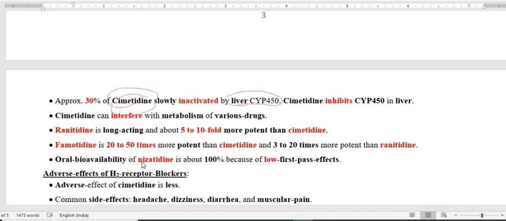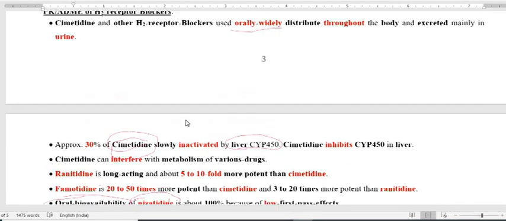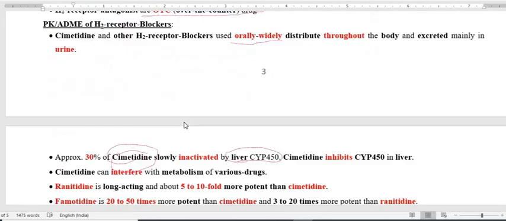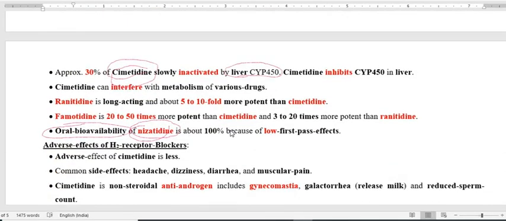Whereas for nizatidine, in the same group, the first pass effect in the liver is very meager, very small. Therefore, the oral bioavailability of nizatidine, compared to the other H2 receptor blockers, is the highest, about 100%, because of the low first pass effect in the liver.